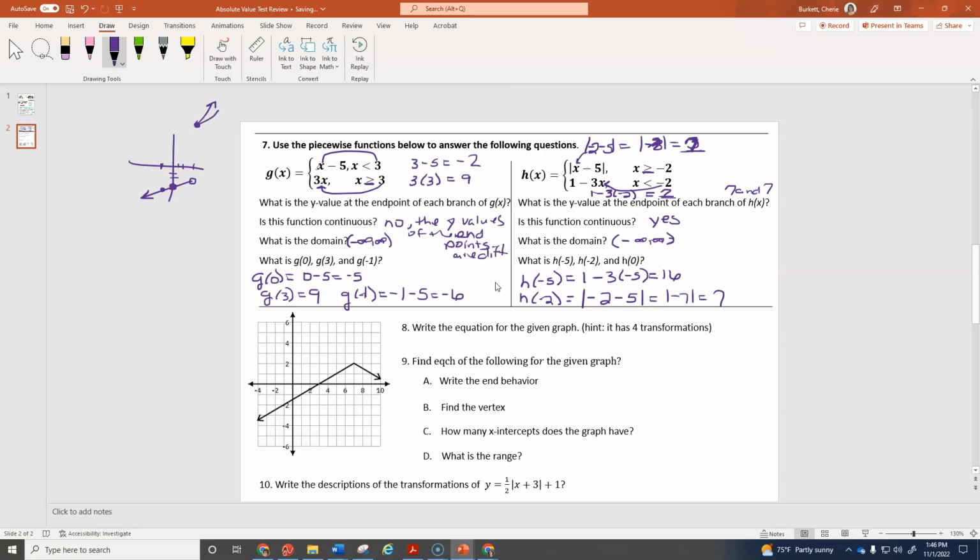So that's 7. And then we're going to do h of 0. H of 0, where does 0 go? 0 is a number that's bigger than negative 2, so we're going to plug it in up here as well. Absolute value of 0 minus 5. That's the absolute value of negative 5. So that's 5.